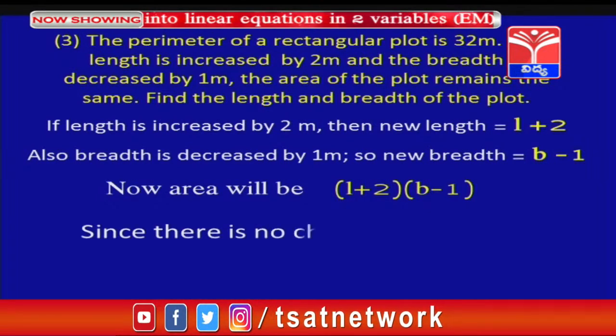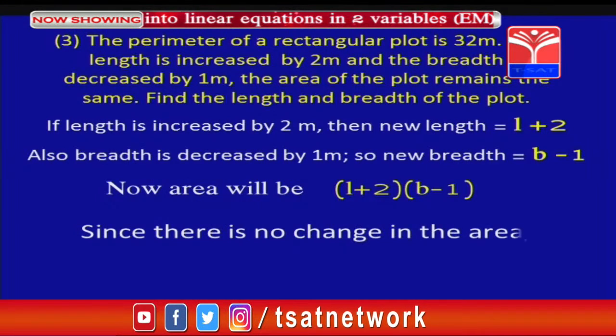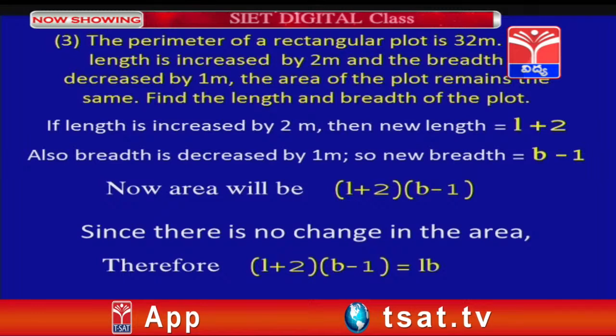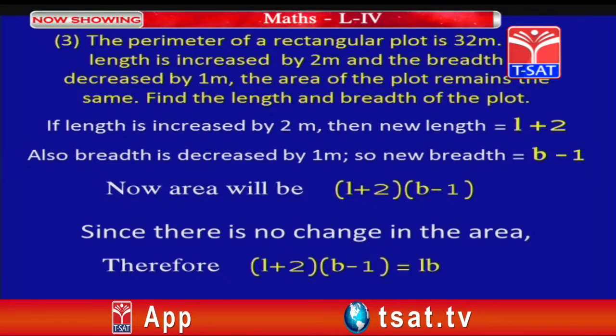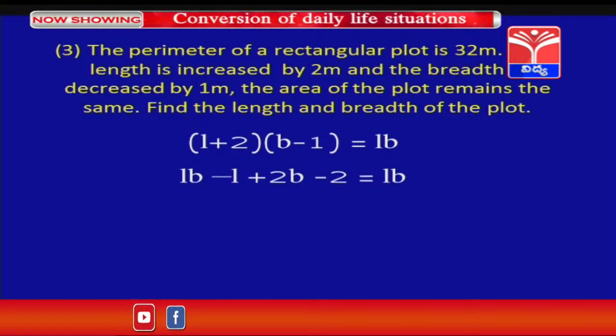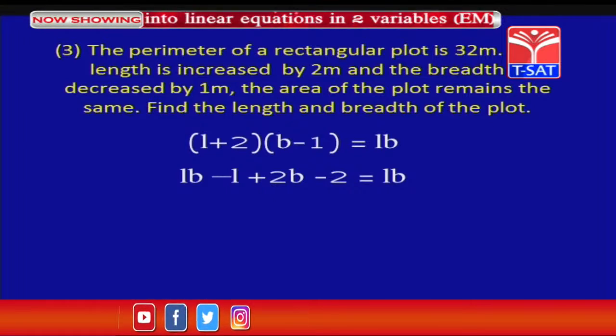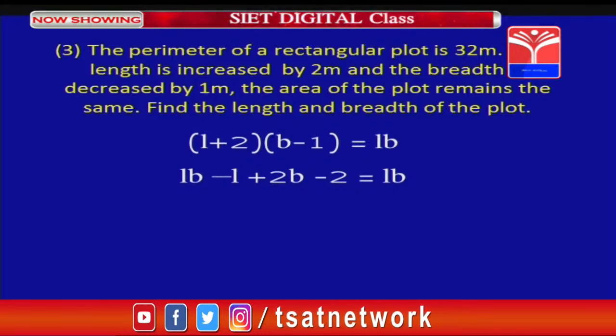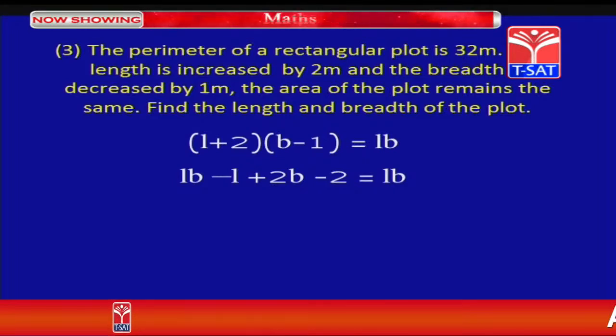Since there is no change in the area, therefore, L plus 2 into B minus 1 is equal to L into B. By solving, L into B minus L into 1, L plus 2 into B, 2B, plus 2 into minus 1, minus 2 is equal to LB.